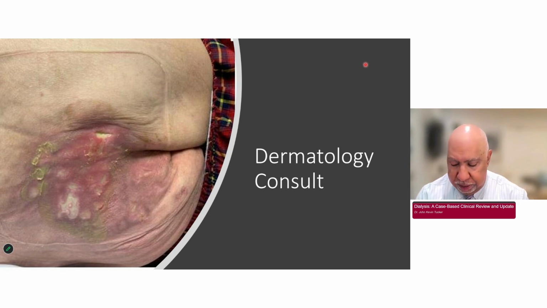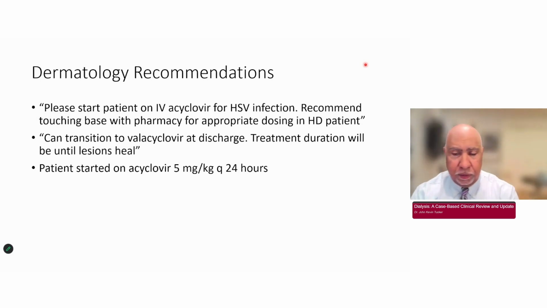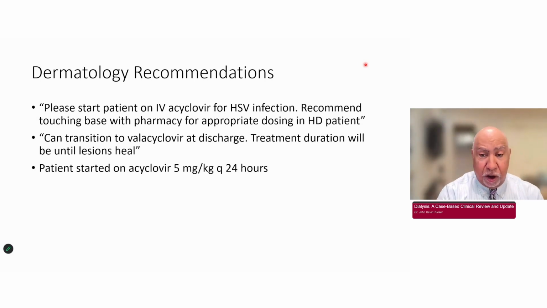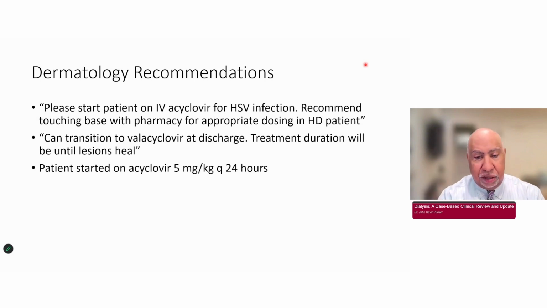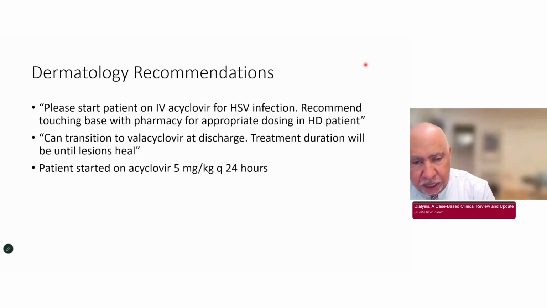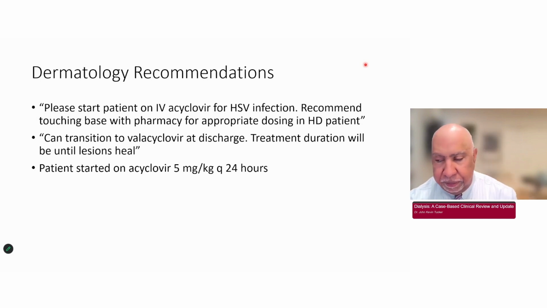Dermatology was consulted, and they recommend starting the patient on IV acyclovir for HSV infection. We recommend touching base with pharmacy for appropriate dosing in the HD patient. Can transition to oral acyclovir at discharge. Treatment duration will be until lesions heal. With pharmacy's recommendation, the patient was started on acyclovir 5 mg per kg daily.